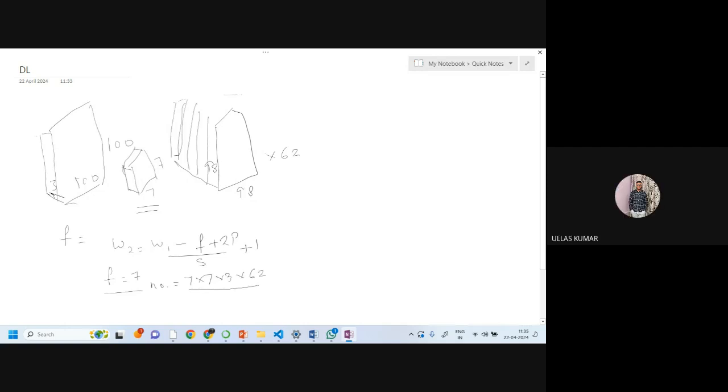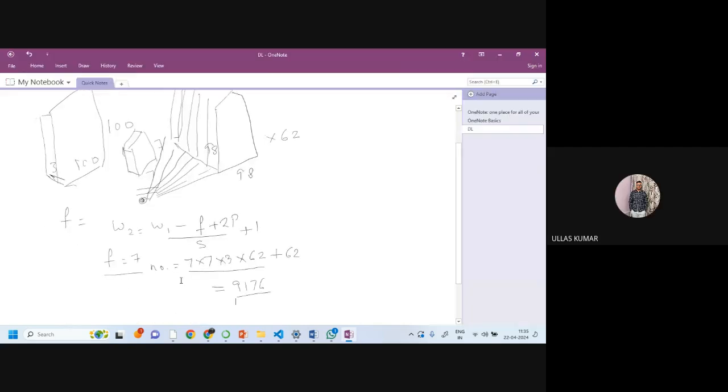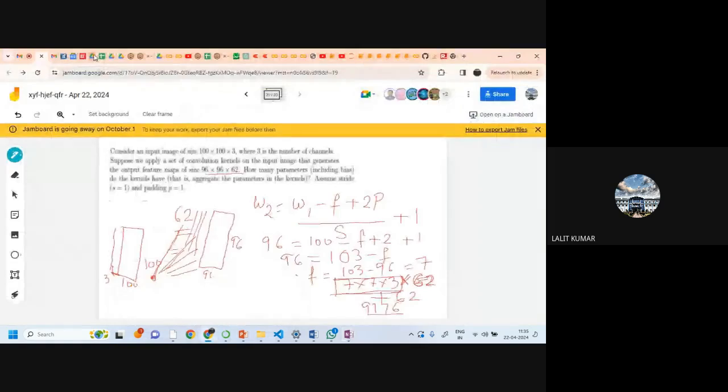So basically इसका formula आता है width of kernel into height of kernel into length of kernel into number of kernels. And then when you put a bias, this bias is applied to all the kernels, so this will become plus 62. So here the answer will become 9176. ठीक है? Yeah. So we go to next question.